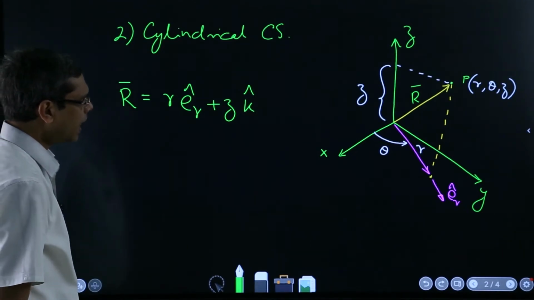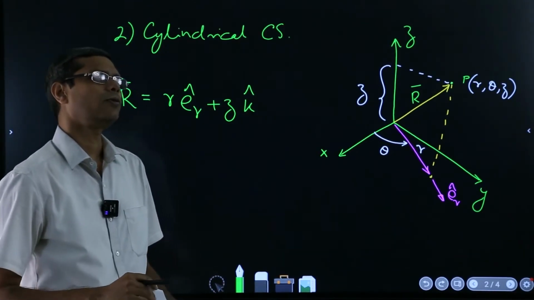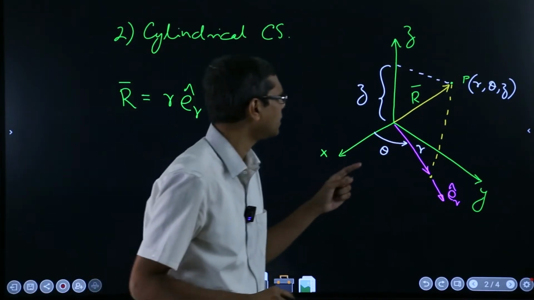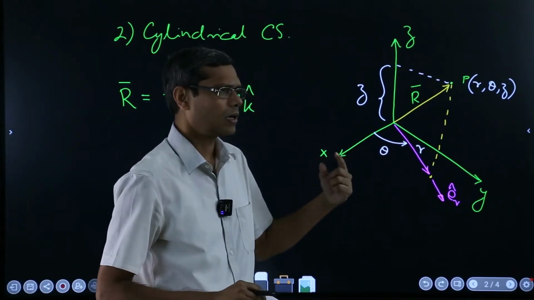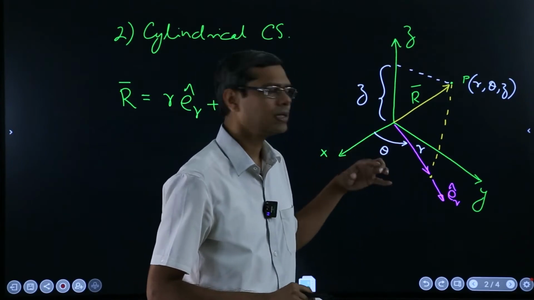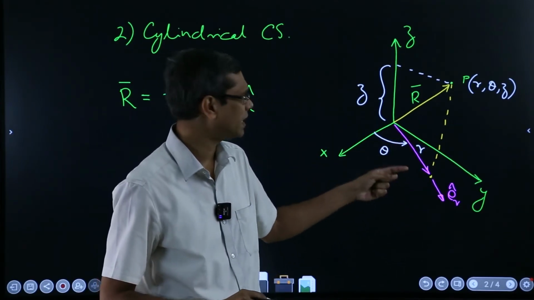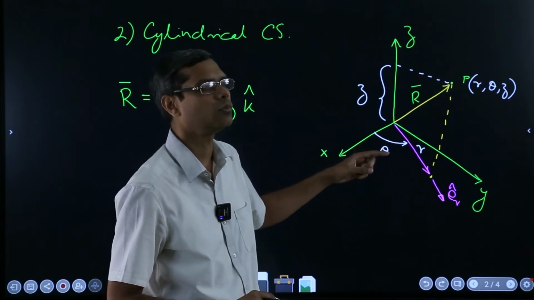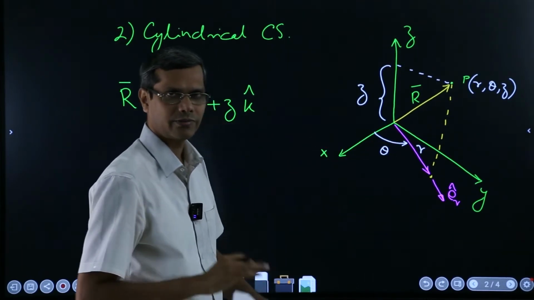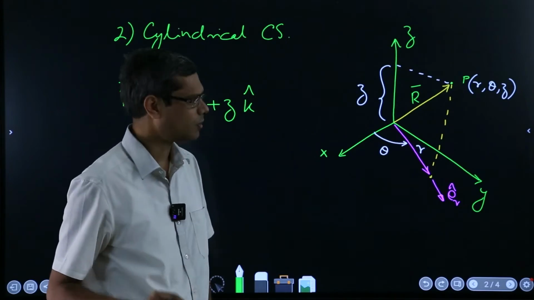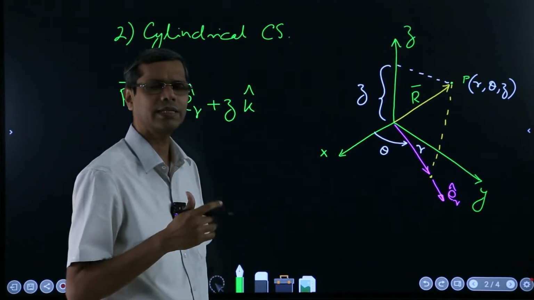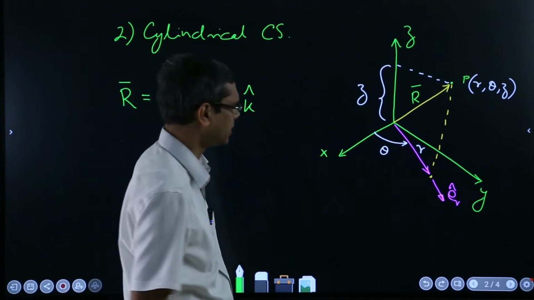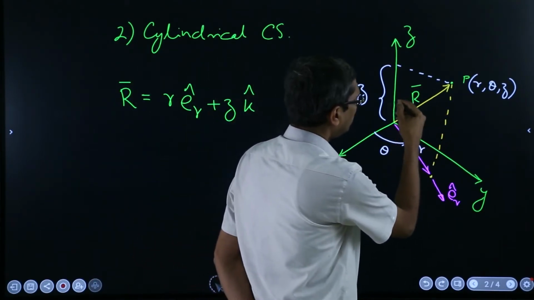Another way of looking at this will give you an idea that representing some curve in polar or cylindrical coordinates doesn't mean that the particle has to move on a cylinder. This is very important. Students always get confused about this. They always think that cylindrical coordinate means a particle is moving on a cylinder. Not necessarily.